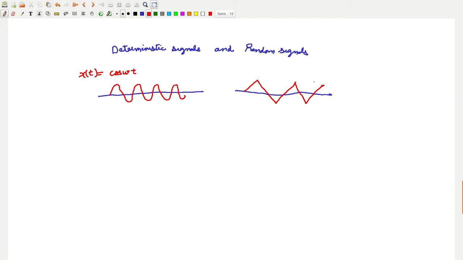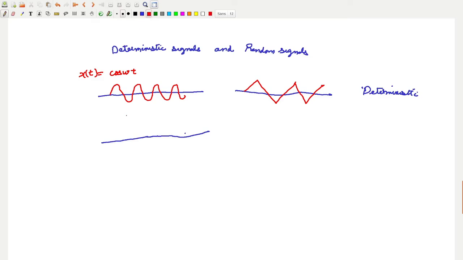These waves are known as deterministic signals. An example for random signals is a signal which is a mixture of many signals, maybe.